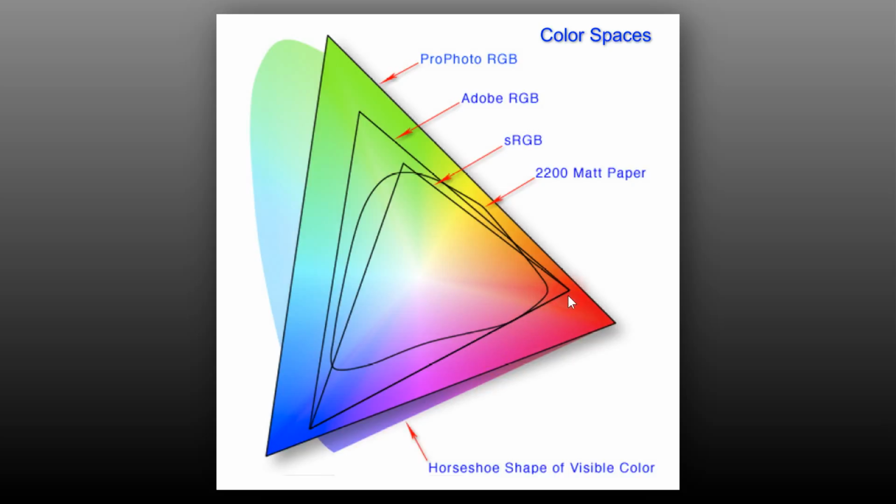Now, as well as incorporating this greater range of colors and tones, these different color spaces alter the way the red, green and blue color distribution is displayed. So sRGB is trying to simulate the entire color gamut that you see here, and it does that by shifting colors and tones as it represents it.